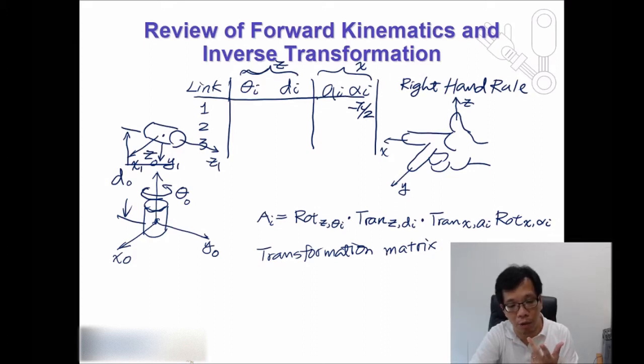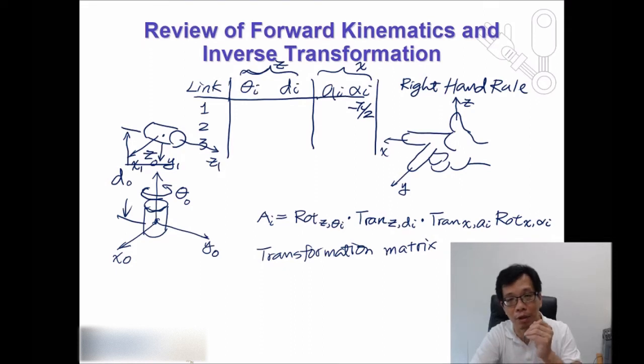But when we are dealing with translation, if it's a rotational joint, certainly you're not going to have translation. So if you are dealing with the vector regarding the displacement in a rotational joint, certainly it's going to be 0, 0, and 0 in the x, y, and z directions.